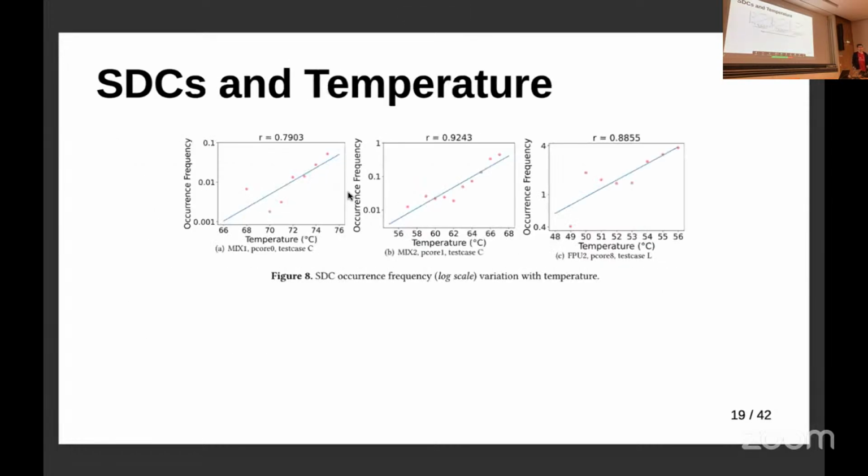To try and explain the less frequent SDCs, they note that there is a correlation between the CPU's operating temperature and the occurrence rate of the silent data corruption. Specifically, they find that the logarithm of the occurrence frequency is more or less linearly correlated with the CPU's temperature.